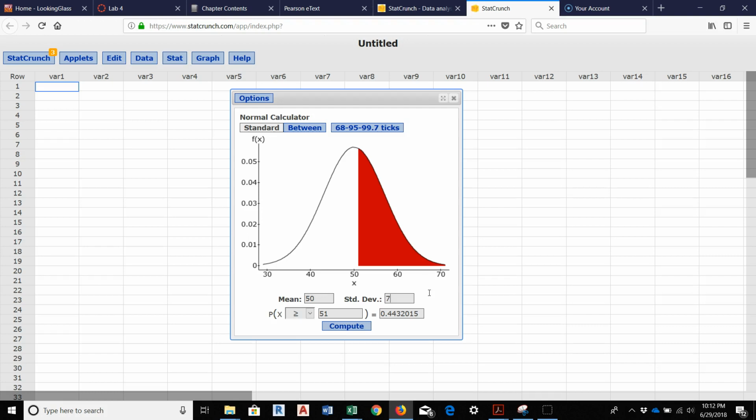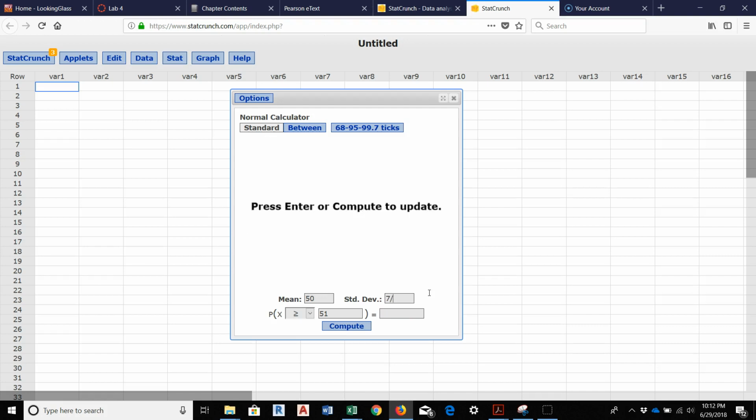So for example, if we have a sample of size, let's say 40, we would divide 7 by the square root, SQRT, and then use parentheses around 40. SQRT with 40 in parentheses is the square root of 40. So we're actually doing this calculation right here in the field of the normal distribution calculator.